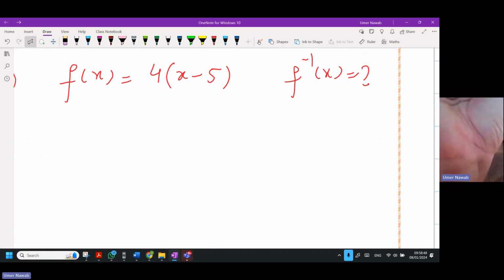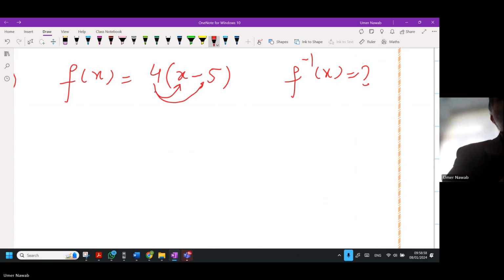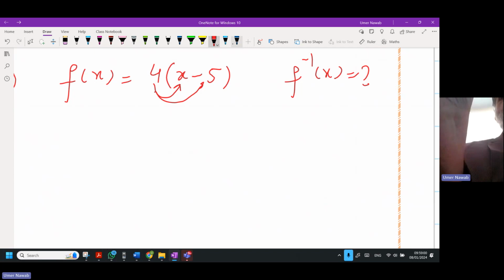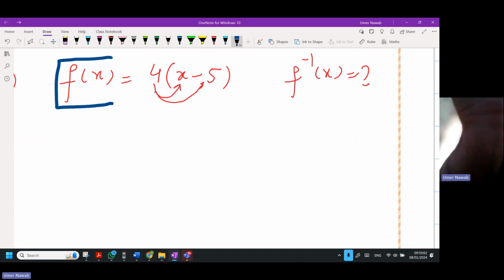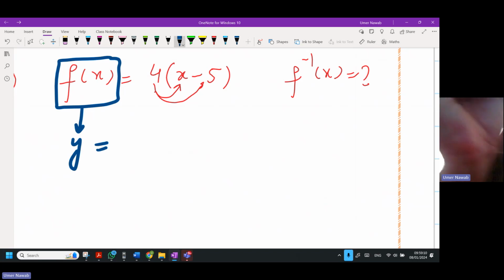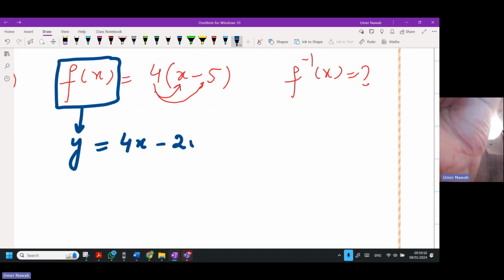Before I find the inverse function, why should I not open the bracket? What was my first step when I was looking for inverse functions? Replace f of x by y, and I'm going to write y equals, open the brackets, so it gives you 4x minus 4 times minus 5, which is minus 20.